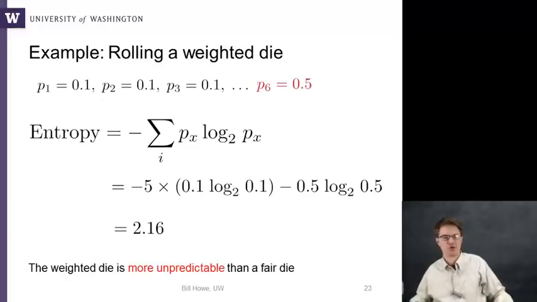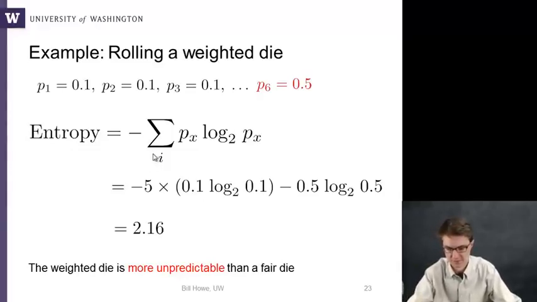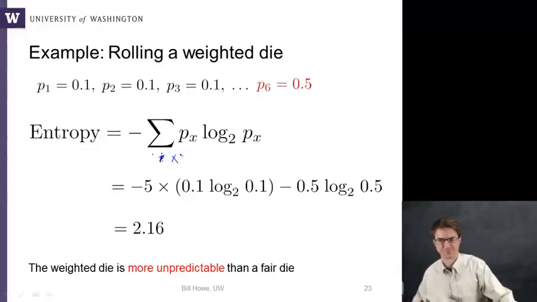So now imagine rolling a weighted die that had these probabilities. Values 1 through 5 were all 10% chance, and it had a 50% chance of rolling a 6 every time. Well, we can do the same thing, and there's that bug again. This could be x. So this is 10% times the log of 10% times 5 plus 0.5 log 0.5.